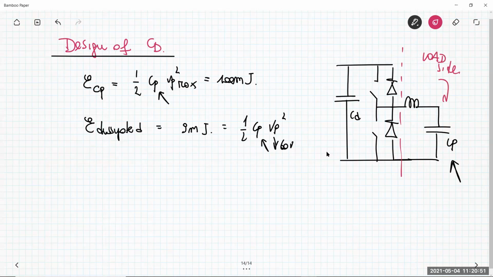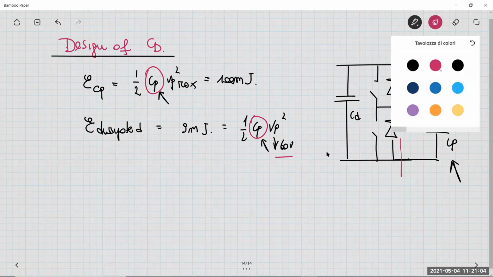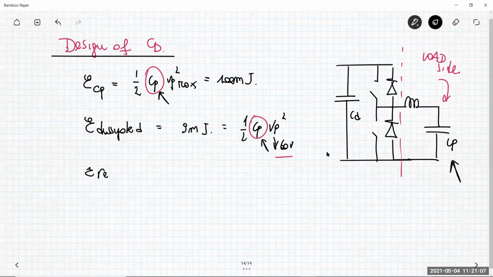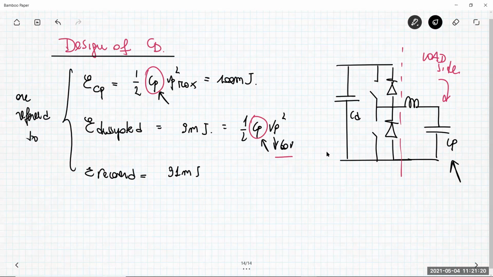They are relative to this side here, because they are computed by looking at the energy stored into CP, or the energy stored into CP that you have to dissipate. And so we have also the energy which is recovered, which is the difference between the two. Remember, 91 millijoule. These are also referred to CP. Now, just to reflect all these quantities from the load side to the input side.